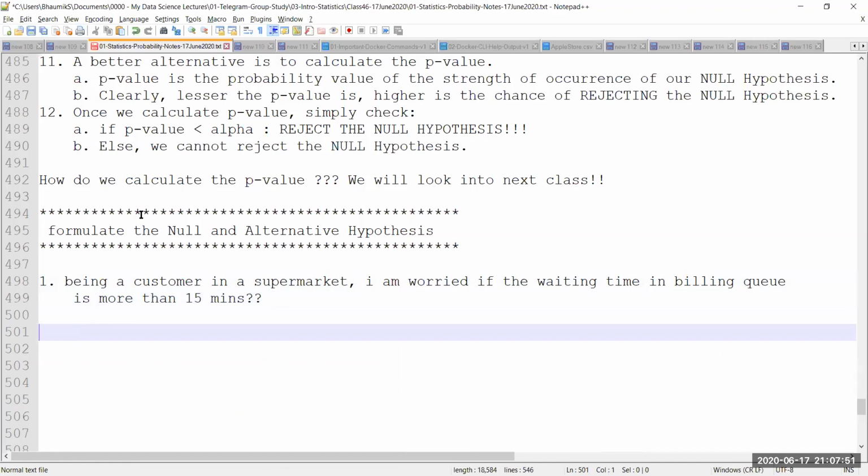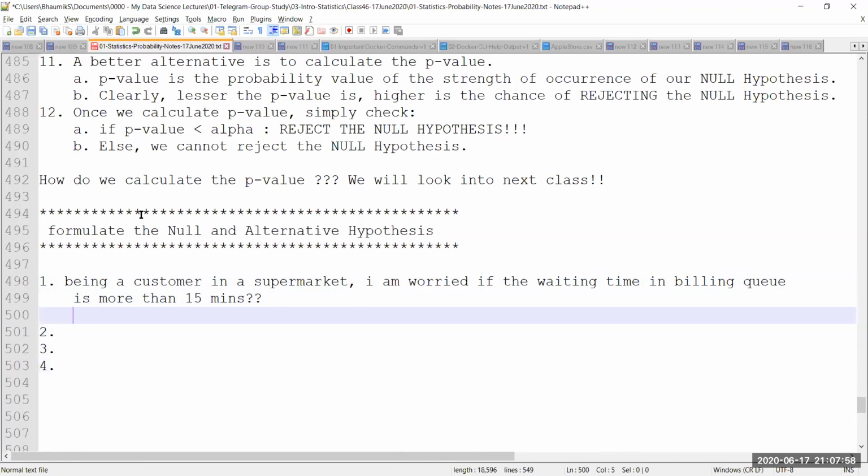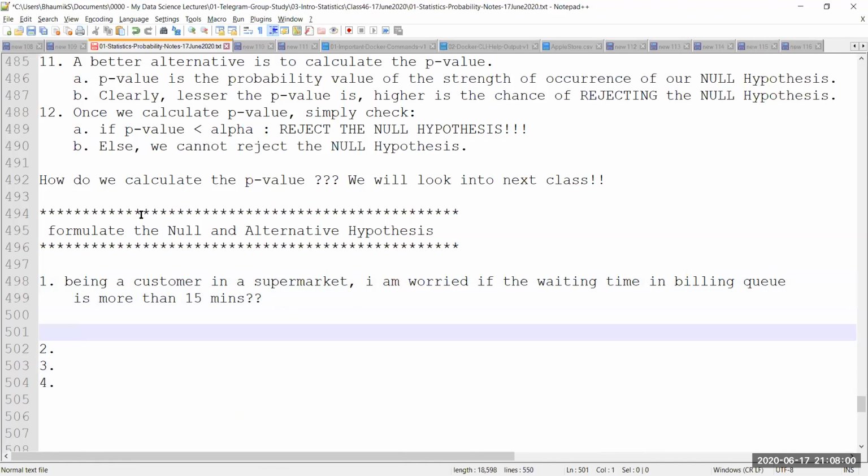So being a customer, I'm actually worried whether my waiting time is going to be more than 15 minutes or not. But you can take this as a question: is my waiting time going to be more than 15 minutes as a customer?